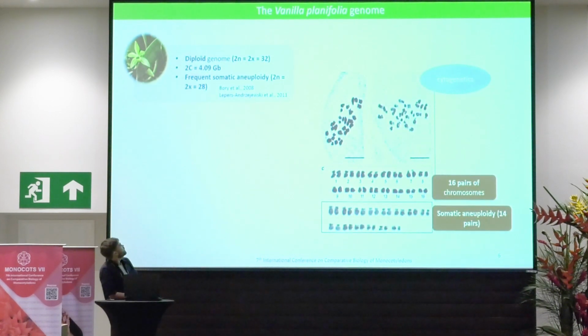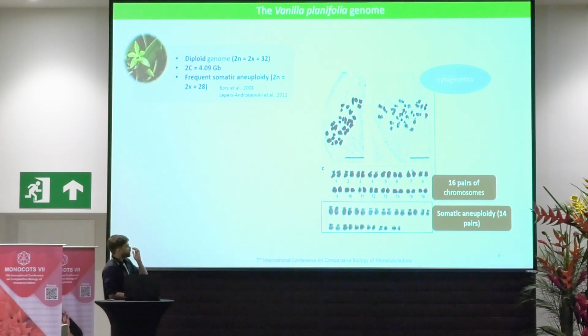So let's talk about this Vanilla planifolia genome, which is a diploid genome showing polyploidization events. Cytogenetics and flow cytometry analysis evaluated its diploid size to be around 4 billion nucleotides, and also showed that the genome was composed of 16 pairs of chromosomes.